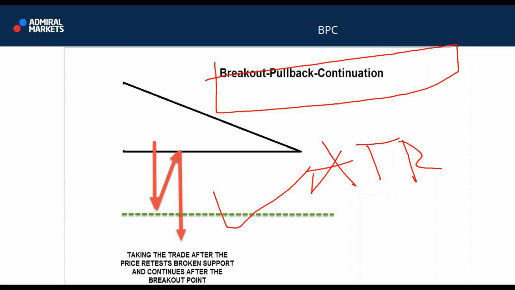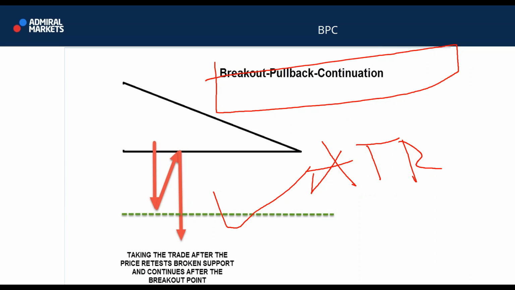Well, now pound dollar is also good, but stay away from ranging pairs. For example, Australian dollar New Zealand is really ranging heavily, and you will see that by showing average true range in the last 14 days. So if you see that average true range is like 60, 70, 50 pips, don't go with breakout, pullback, continuation.